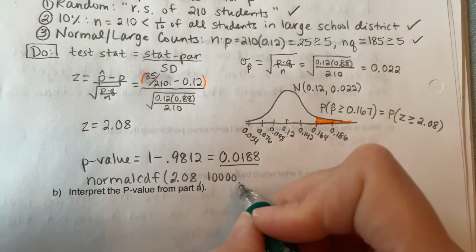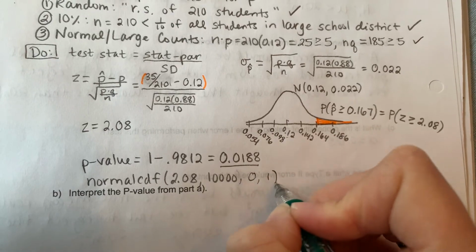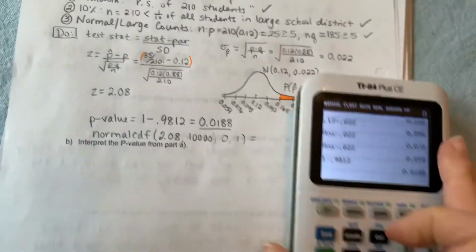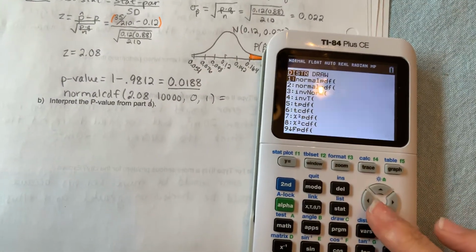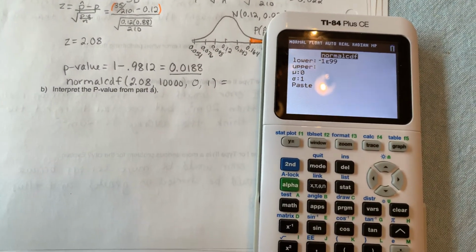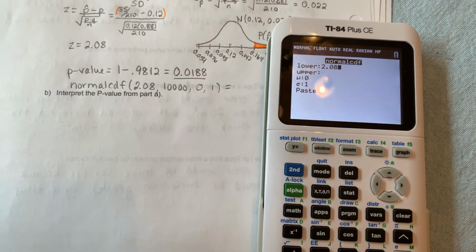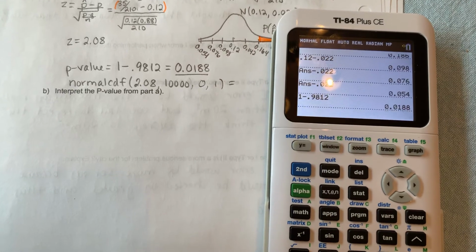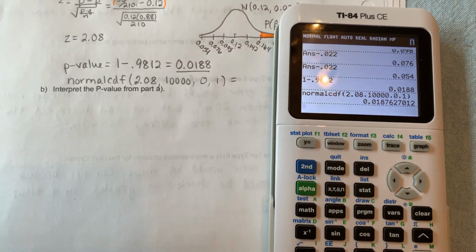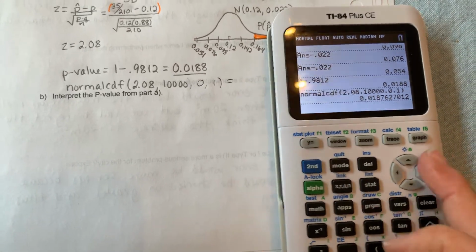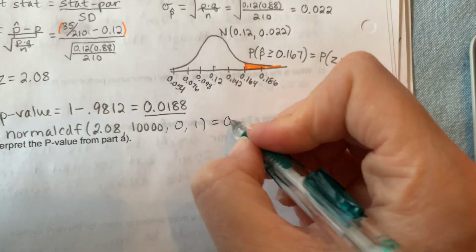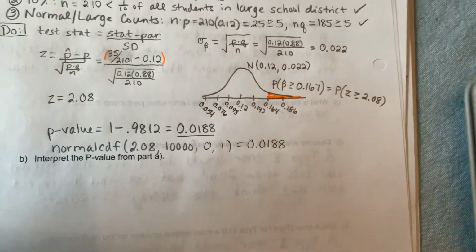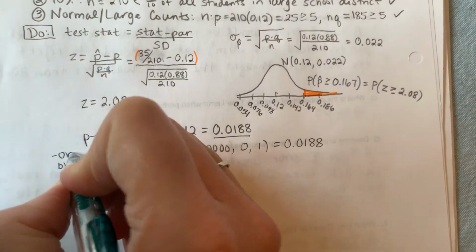So I use the mean of 0 and standard deviation 1. My lower bound is 2.08, my upper is some large number, and I get 0.0188 if I round correctly, which is exactly what I got from table A2. Either way, I put it in here.